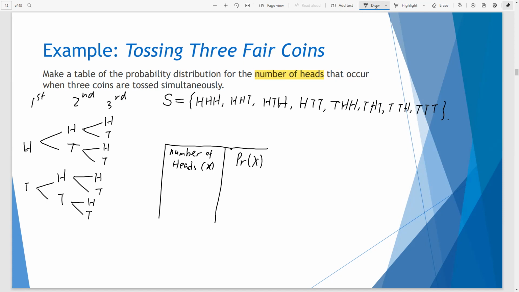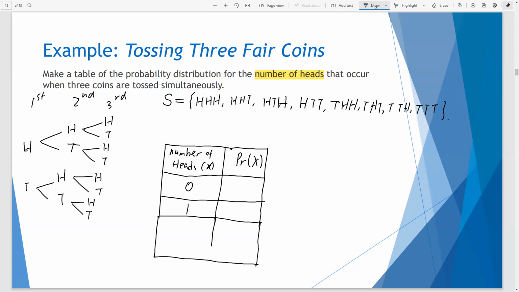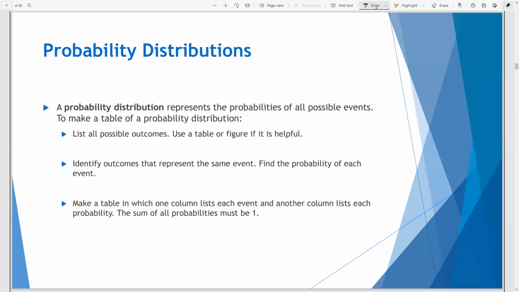So X could be 0, could be 1, could be 2, or 3. The total of the number of heads doesn't make any sense, but the total probability should be 1. That's list all the possible outcomes, use a table or figure if it's helpful, and identify the outcomes that represent the same event. So that's the first step done.